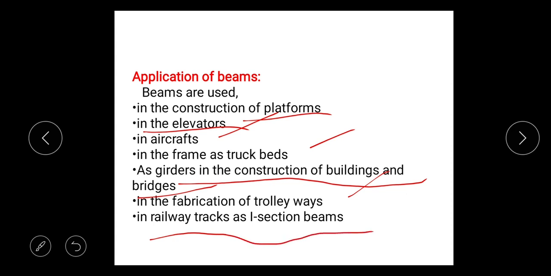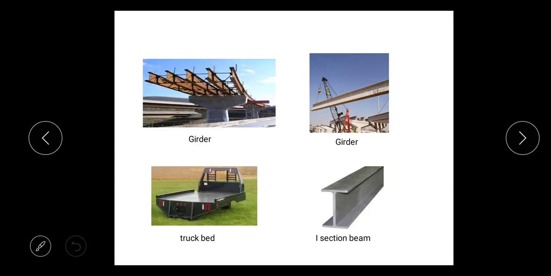So different types of beams are used for different purposes. Some pictures are given here. This is a girder. Different girders are given. This is only one girder. Here 5 girders are shown. And a truck bed, so here a beam is used for a truck bed like this. And this is an I-section beam.